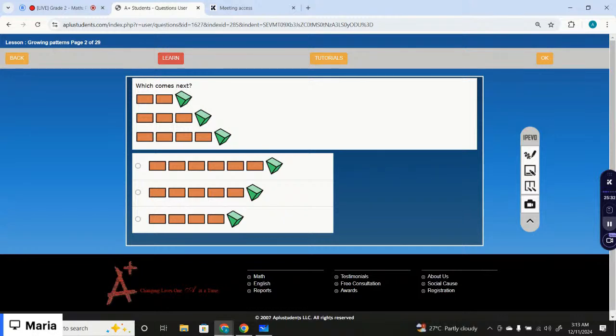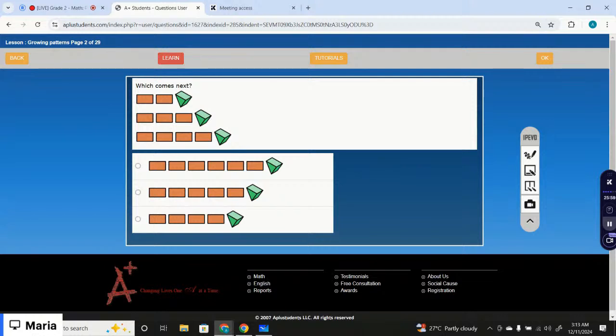Which comes next, which is the correct option? The rectangles are growing, right?